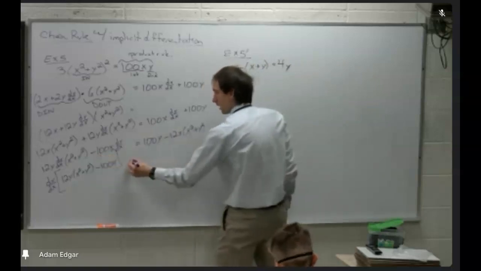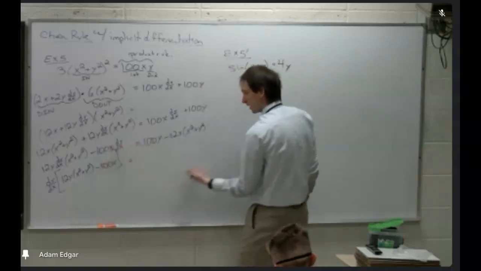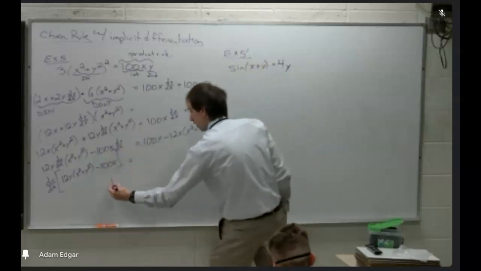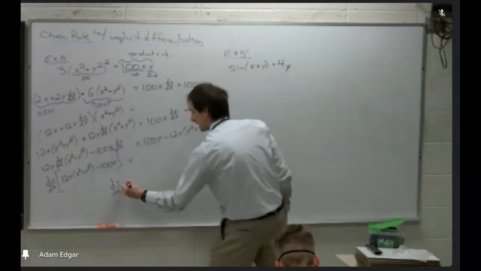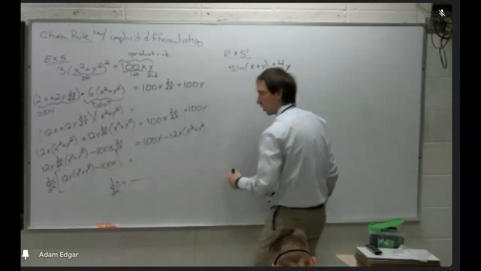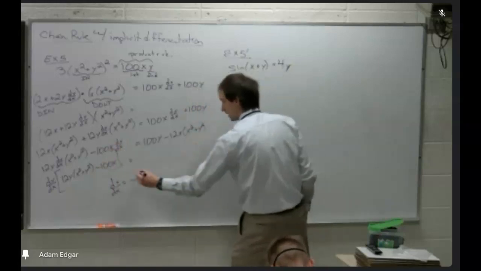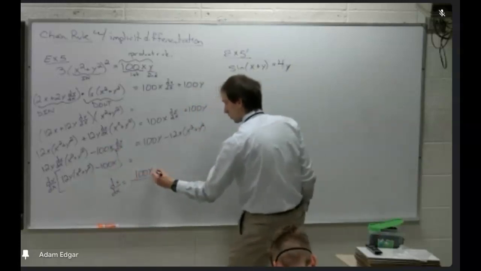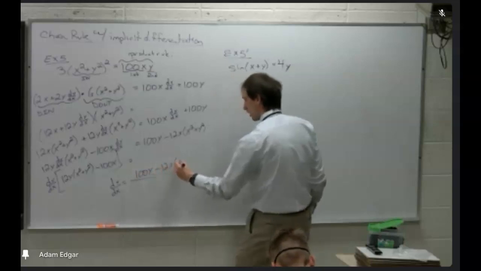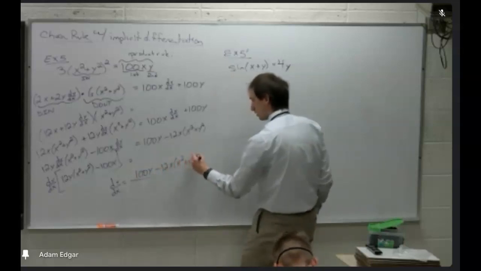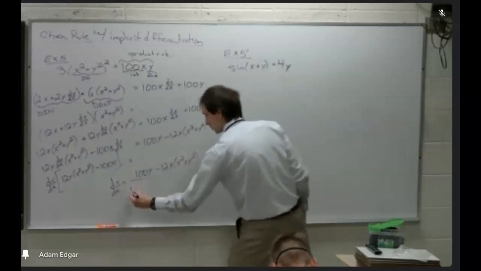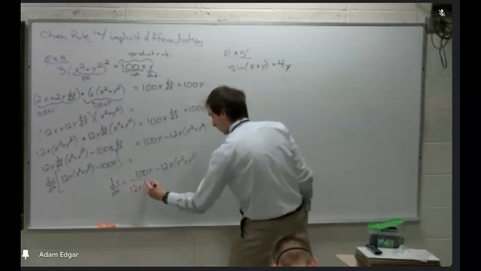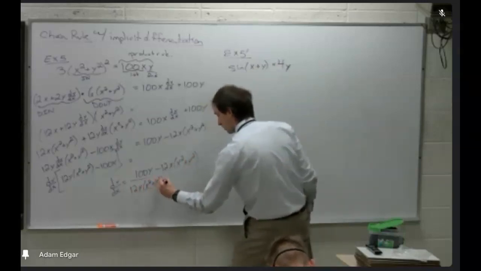And then you can divide that whole thing over here. So we'll divide that whole thing in the brackets over to this right side. On the right side, the numerator is 100y minus 12x quantity x squared plus y squared. And the denominator is 12y quantity x squared plus y squared minus 100x.